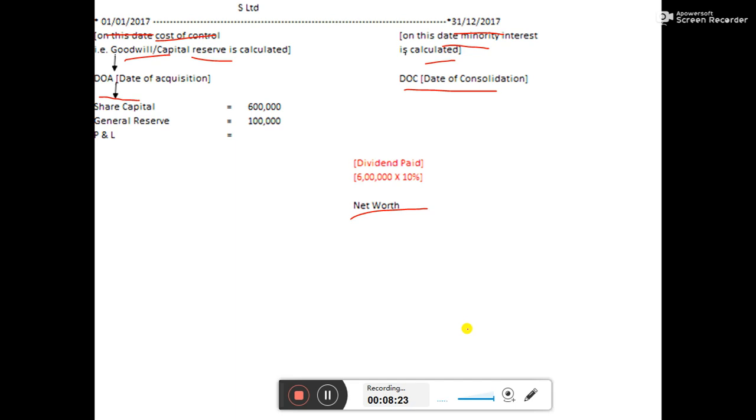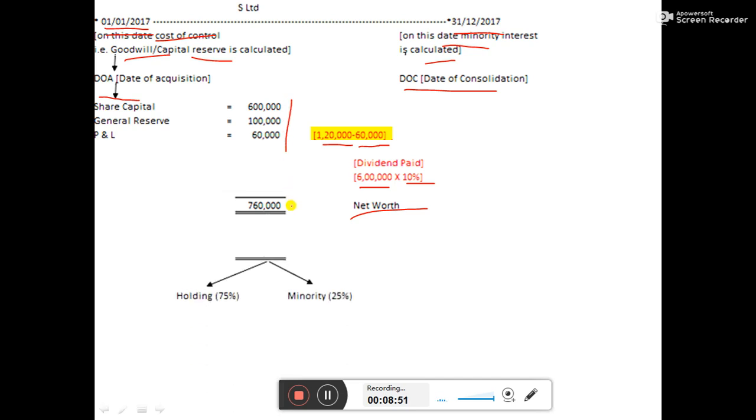From this 1,20,000, dividend will be deducted. Dividend, I have already told you, is 6 lakhs into 10%, that is 60,000. So from 1,20,000, whatever profit is there on 1st January 2017, 60,000 will be deducted. So profit and loss account, profit as on 1st January 2017 is 60,000. The total of all these three is 7,60,000.